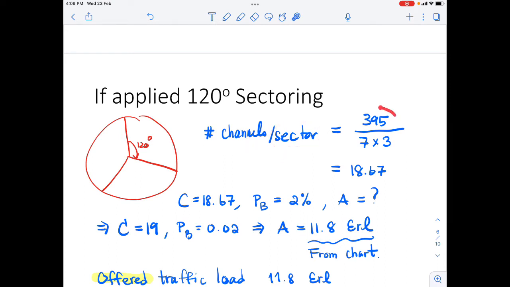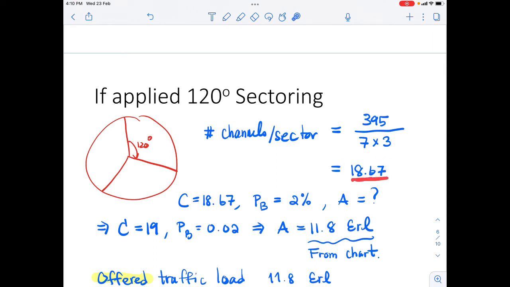The whole number of channels for the whole system, or for a cell cluster, is 395. For each cell, you divide that number by 7. One cell has 3 sectors, so divide by 3, or 7 multiplied by 3. So the number of channels per sector is 18.67.